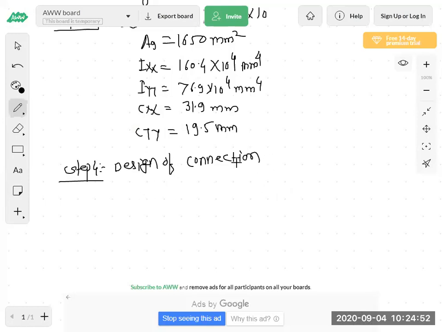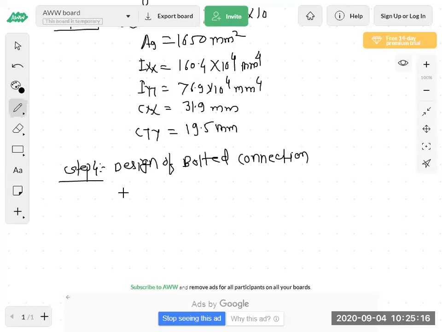Design of connection means we have to write here: if we say bolted, we will write bolt. So we will go with a bolted connection. Design of bolted connection.